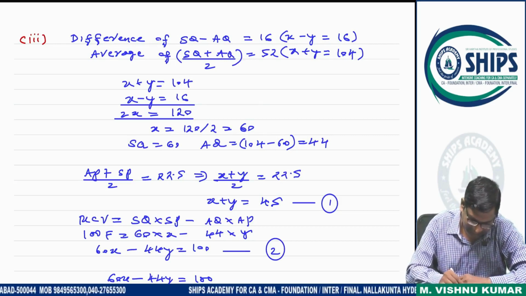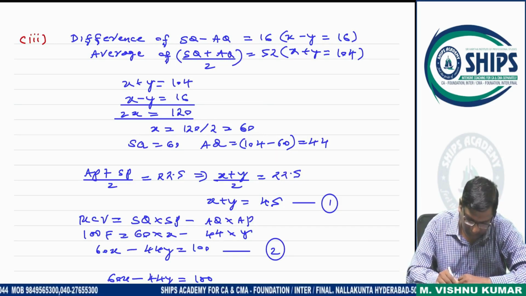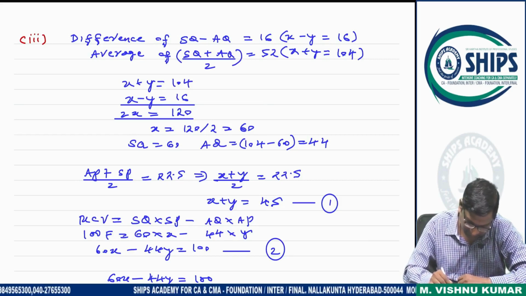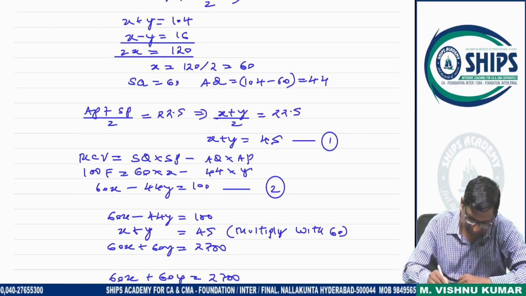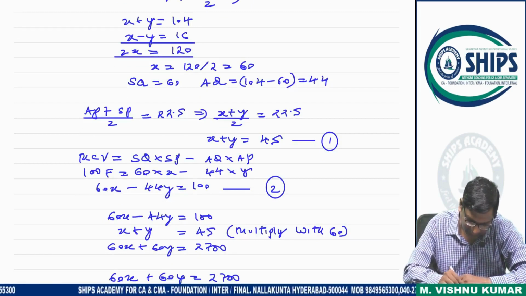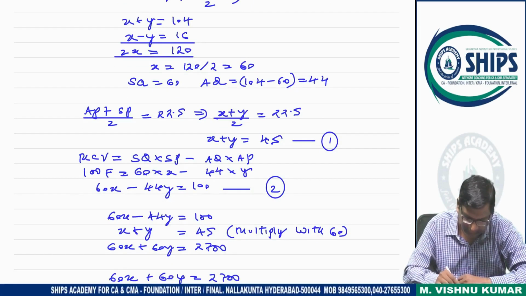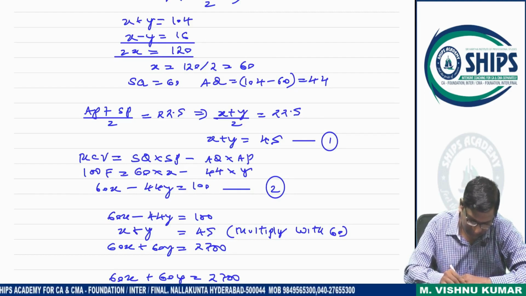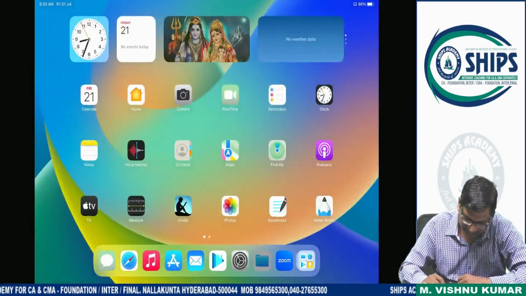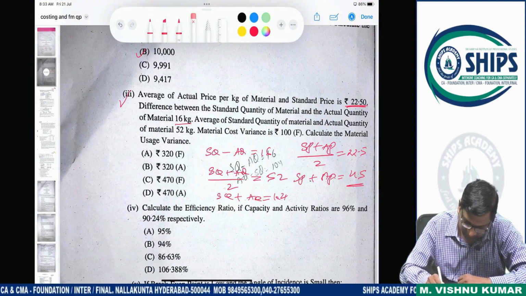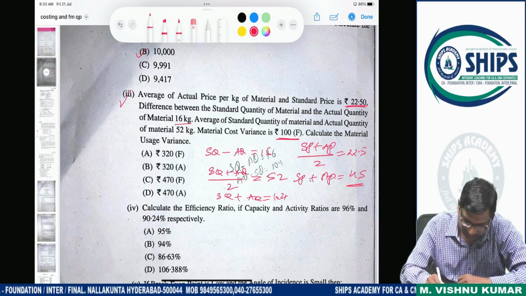Now price. Actual price plus standard price by 2 is 22.5. So x plus y is 45. Now material cost variance. What is the material cost variance formula? Standard quantity into standard price minus actual quantity into actual price. So this is 100 favorable, given. So we'll use this.